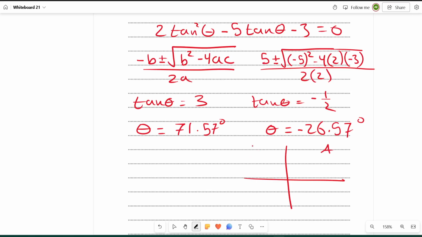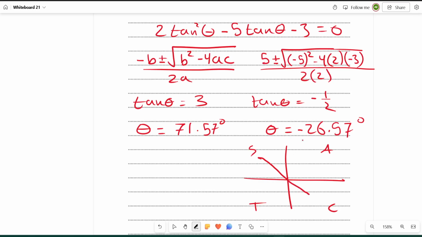So we do our ASTC. A stands for all, S is sine, T is tan, C is cosine. My tan theta is equal to a negative answer, so in which quadrants is tan going to be negative? All means all positive. T means tan only positive. So tan is going to be negative in the sine quadrant and in the cosine quadrant.